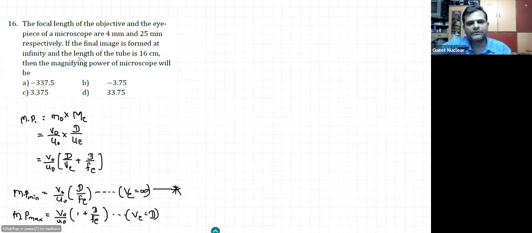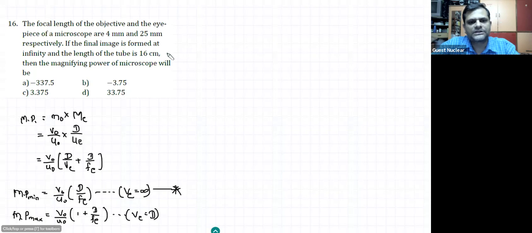FE has to be found out by using the length of tube, length of microscope दिया हुआ है, और FE तो already दिया हुआ है. ये देखो ये FE है, eyepiece का focal length, और FO जो दिया हुआ है उसको यूज करके हम जरूर VO या UO निकाल सकेंगे. ठीक है, तो ये हमको निकाल के दिखाना है. Yes, so let us try.